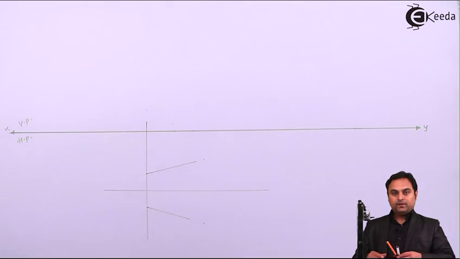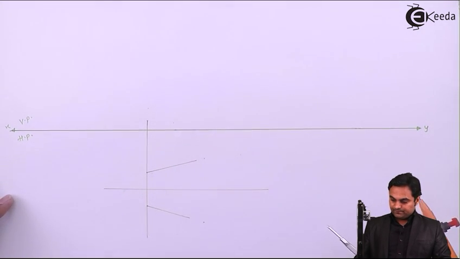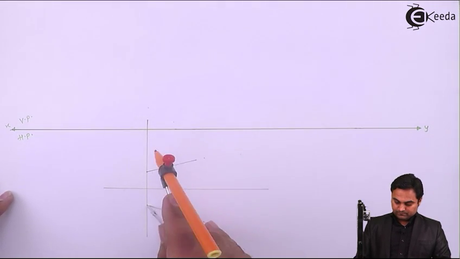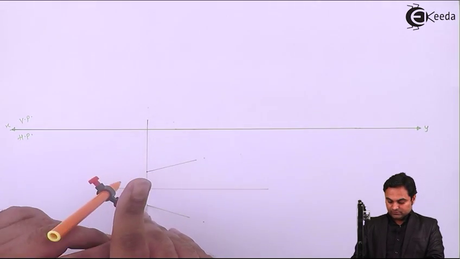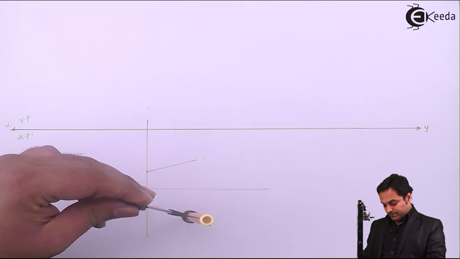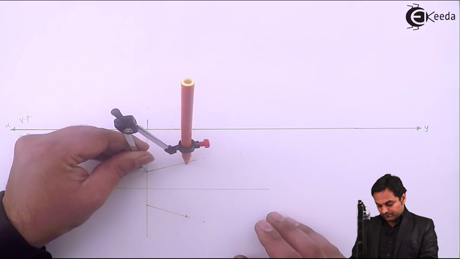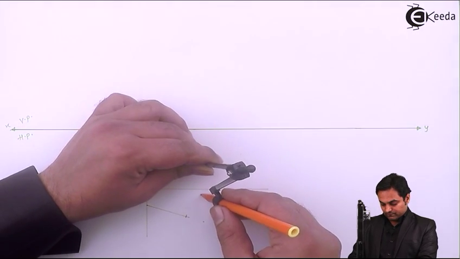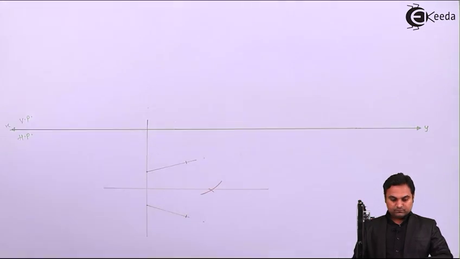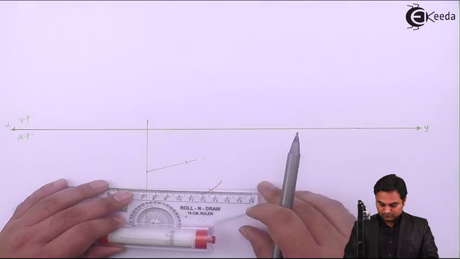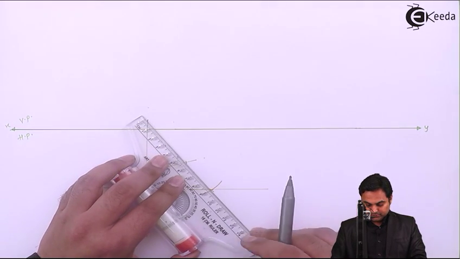Next, measuring the base, which is 35 given. So cutting an arc here. Joining the points.